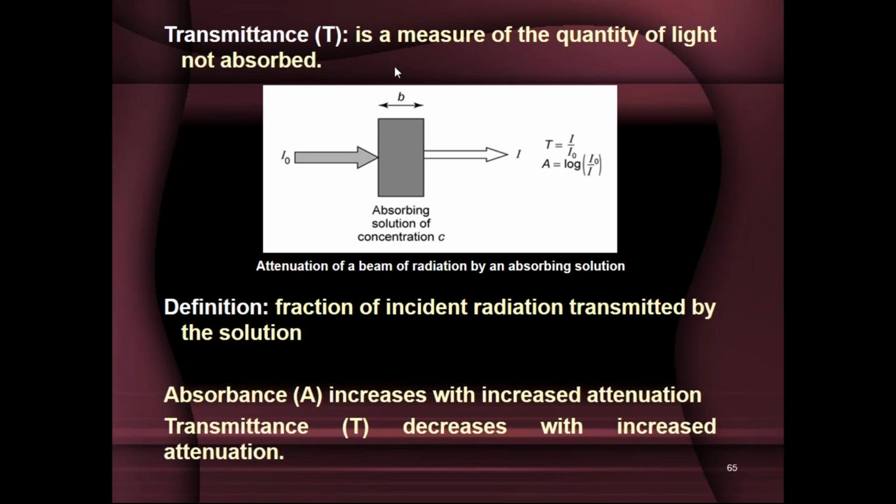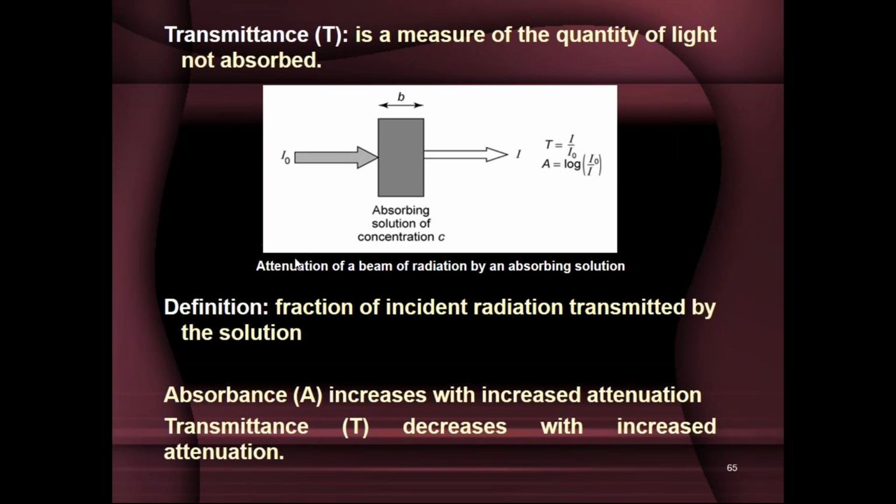Transmittance. It is a measure of the quantity of radiation that is transmitted by the solution, or in other words, a measure of the quantity of radiation that's not absorbed.